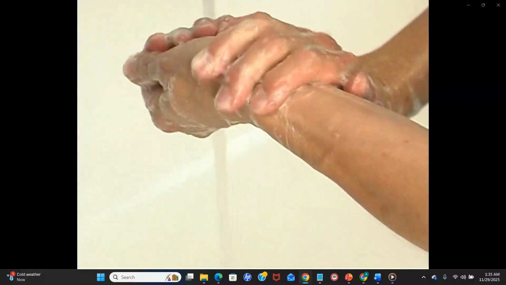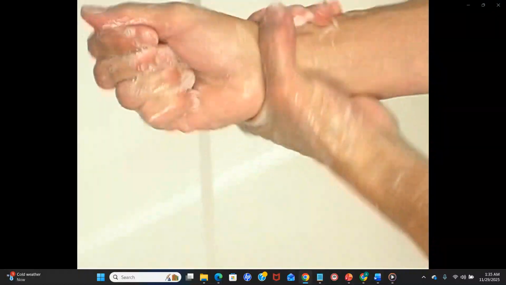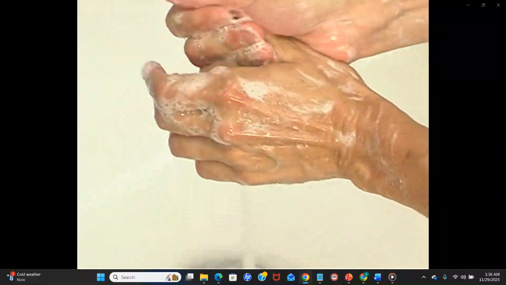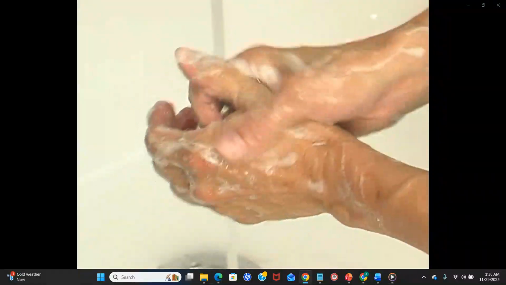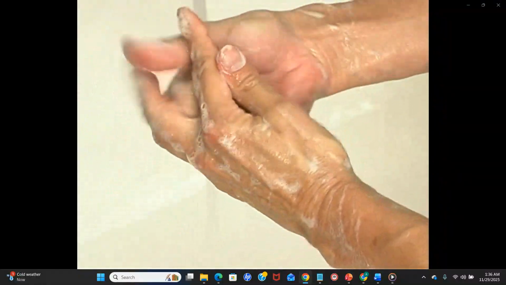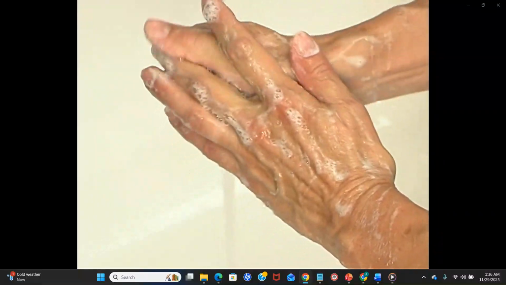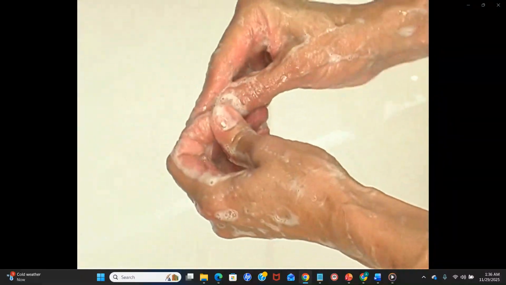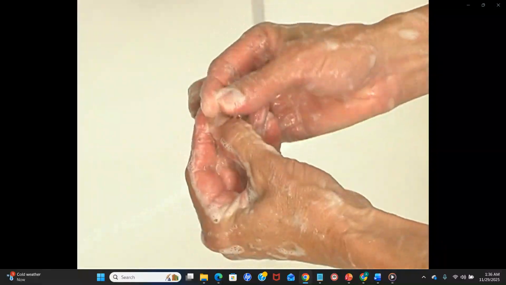Scrub your hands rapidly, working the soap into a lather. Rub all areas of your hand, including the backs of your hands, between the fingers and thumbs, and around the wrists. Also, clean around and under your fingernails.